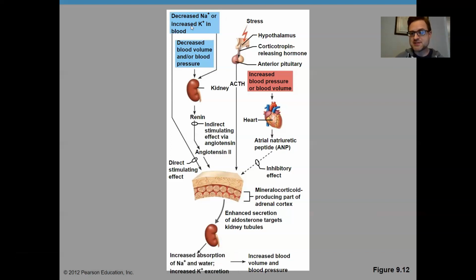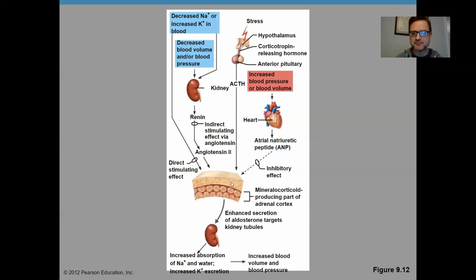And that's a humoral thing. That's caused by a decrease in the blood electrolytes, or the electrolytes in your blood. So the stress reaction can cause your hypothalamus, remember, your hypothalamus controls your anterior pituitary to secrete the hormone ACTH, adrenocorticotropic hormone. That's one that we saw in the first video.